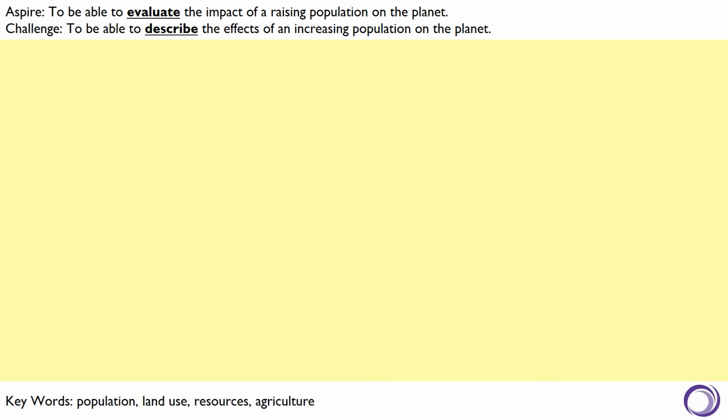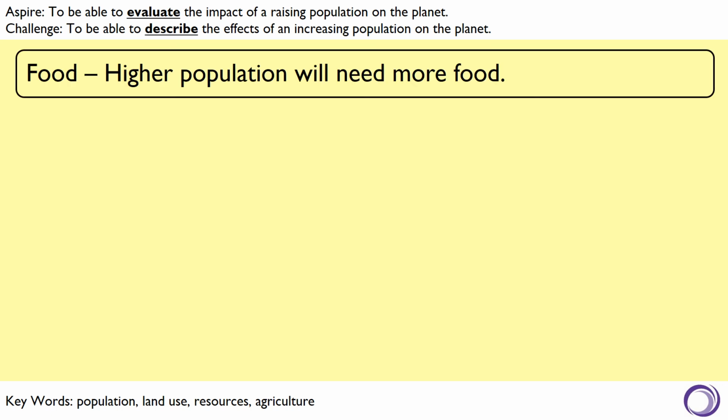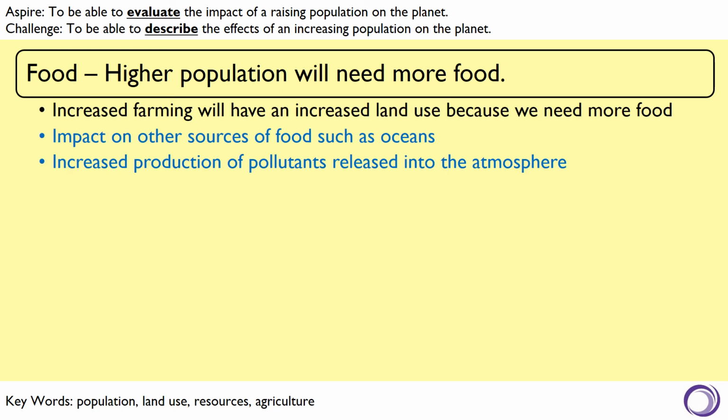So I'm going to break the model answer down into sections. The first part is just the statements, and then I'm going to put the linking explanations in there as well. So the first statement would be regarding food, and a higher population will need more food. Now that means we're going to have increased farming, and that will need increased land.